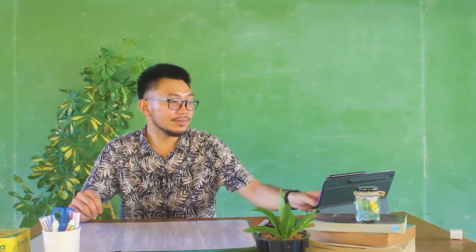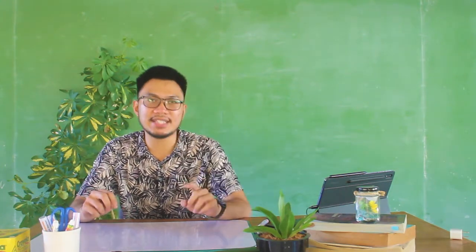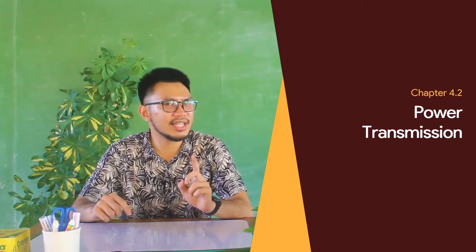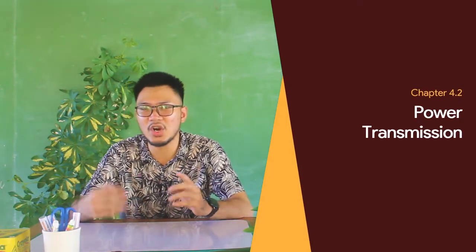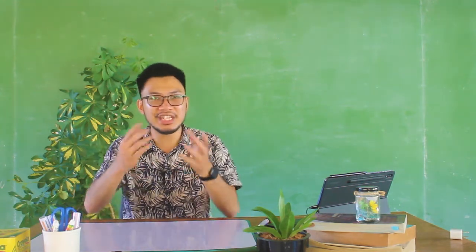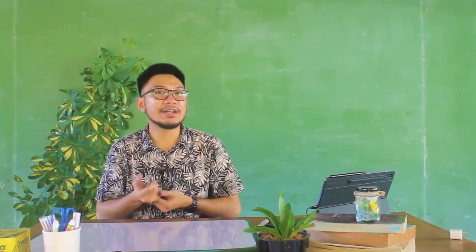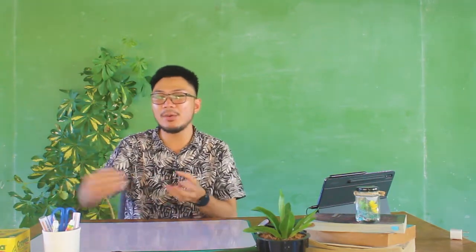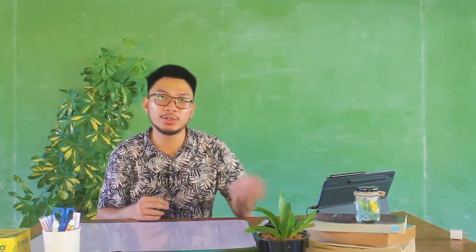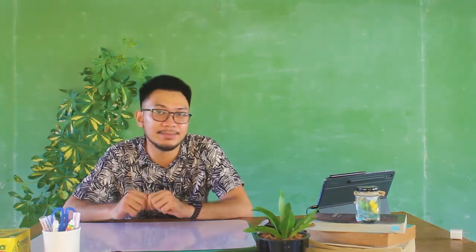Okay? So now let's proceed to our next topic. Our next topic is all about power transmission. This is very important because shafts are usually used for machines: in order for our engines to transmit power to the machine, it requires a shaft so that it can transmit the power by rotation to the parts of that machine.